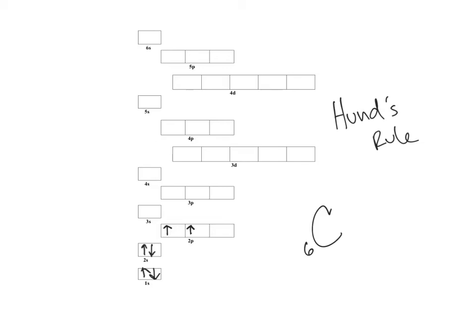So that would be the orbital notation for carbon. If we're going to write the electron configuration for that, it's still 1s2, because we've got 1s with 2 electrons in there, 2s2, 2s with 2 electrons in there, and 2p2, because there's 2 electrons in the 2p.